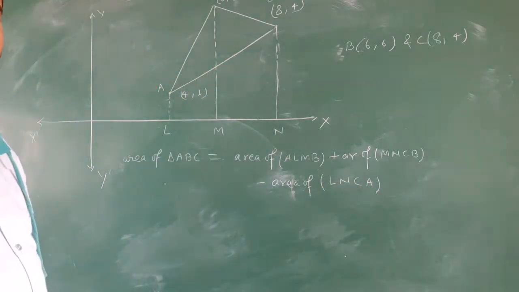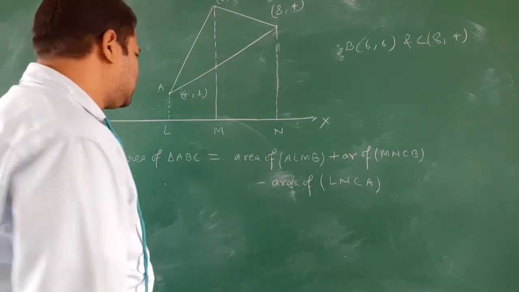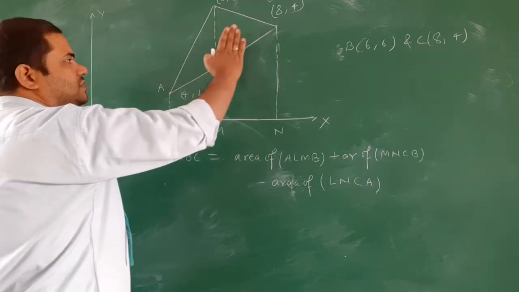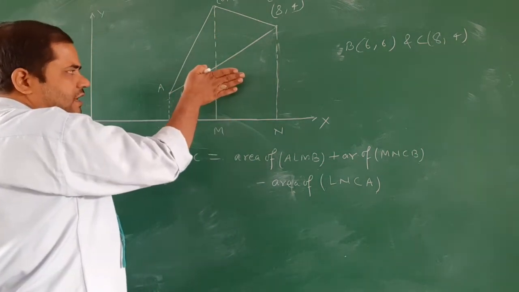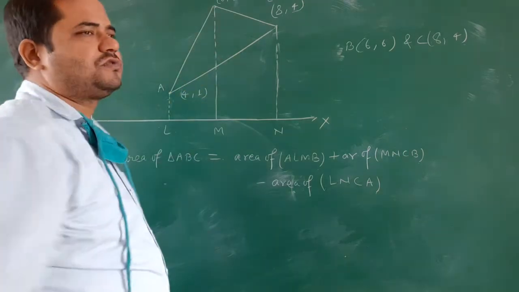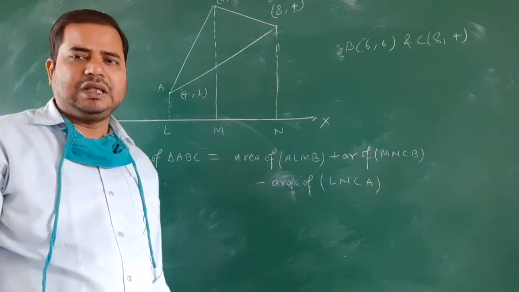So this area plus this area minus this area, you will get area of triangle ABC.